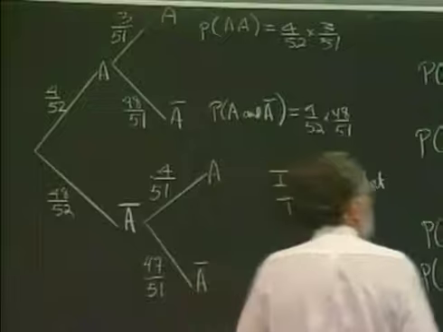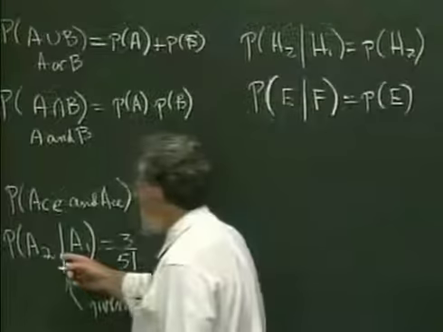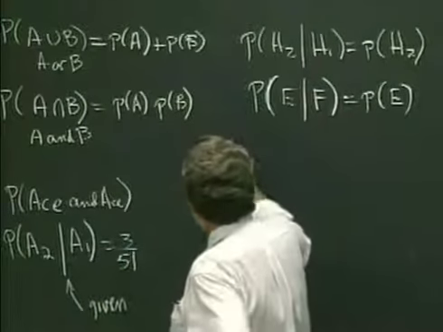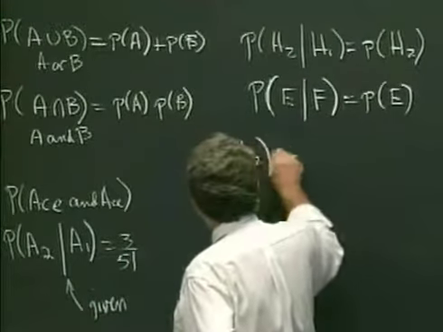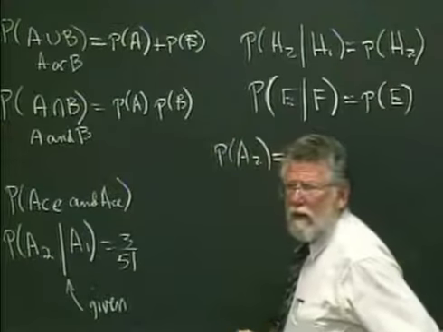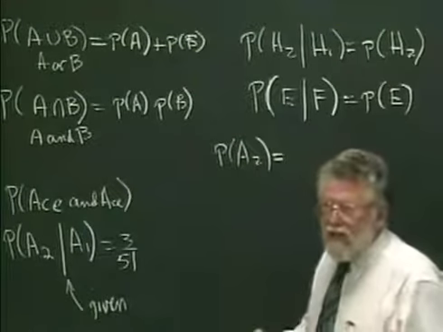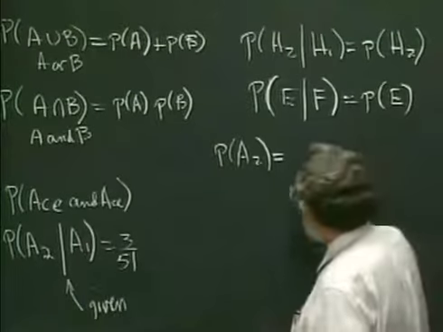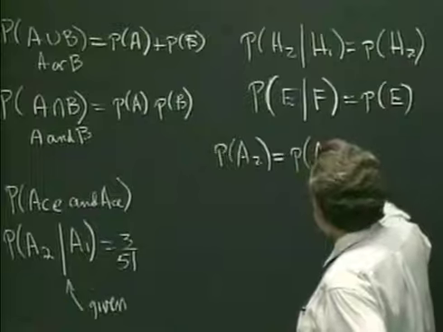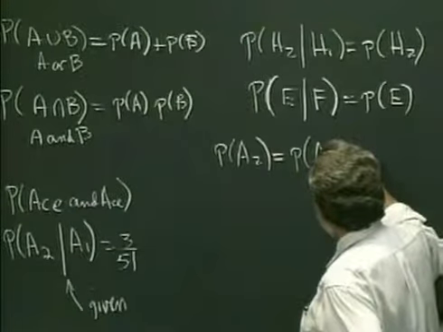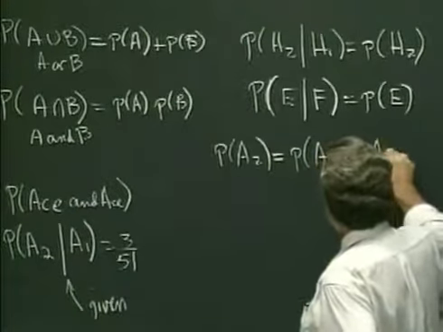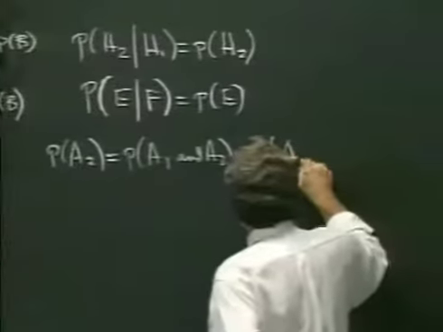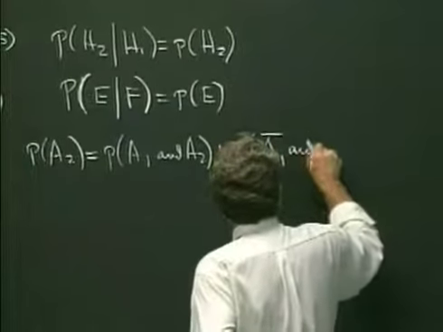So if I come back now to the camera here and I want to look just at the probability of an ace in the second draw, that's equal to the sum of 2 probabilities that are, in essence, mutually exclusive. So they're disjoint events, if you will. That's the probability of an ace on the first, followed by an ace on the second, added to the probability of not getting an ace on the first and an ace on the second.